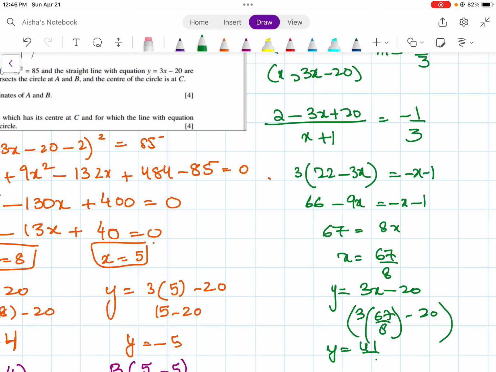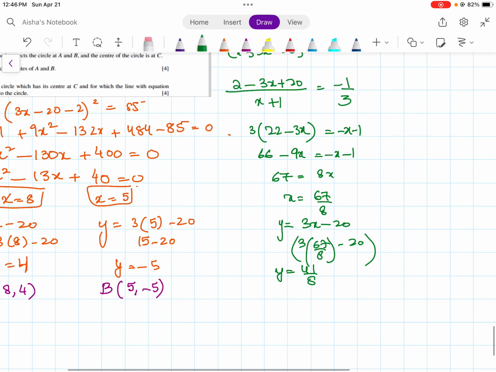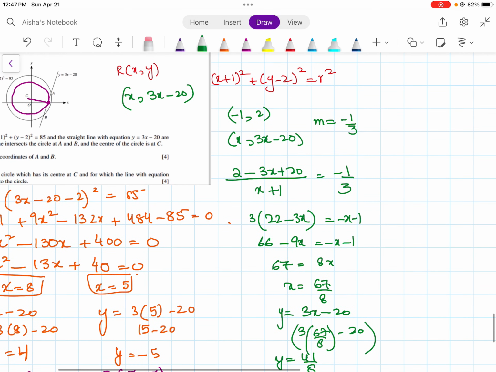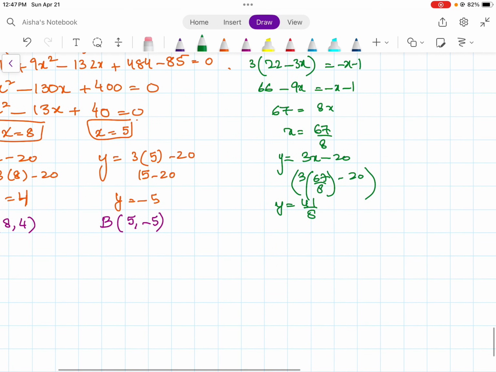Y value is 41 upon 8. Center is minus 1 comma 2.